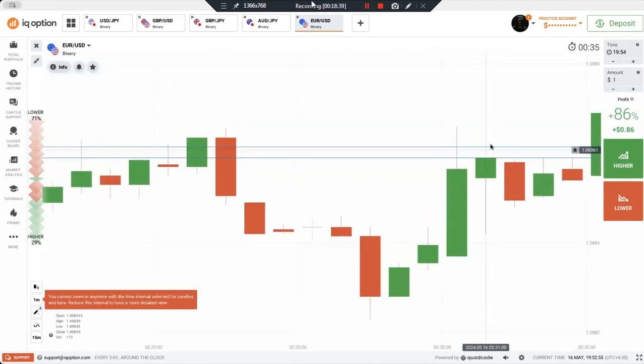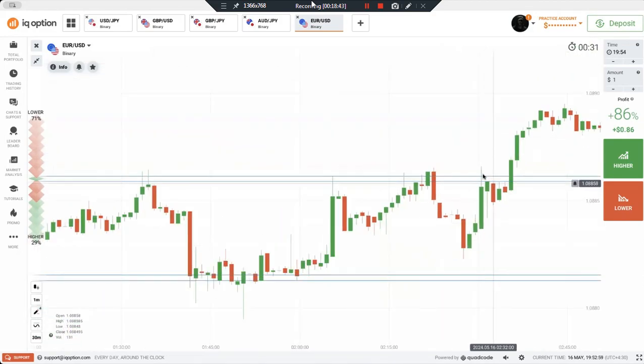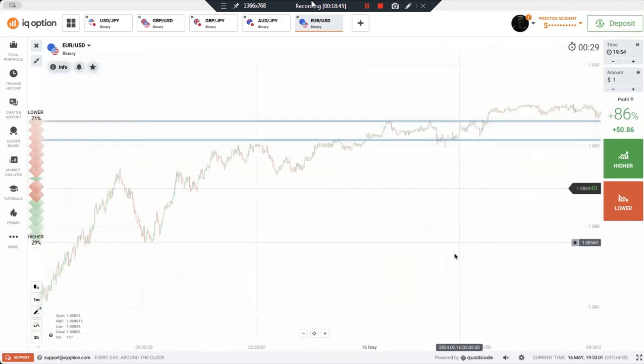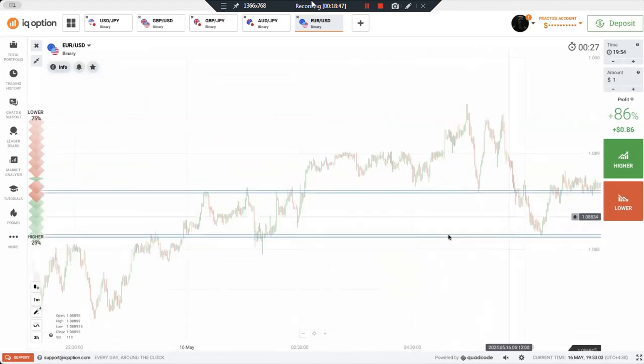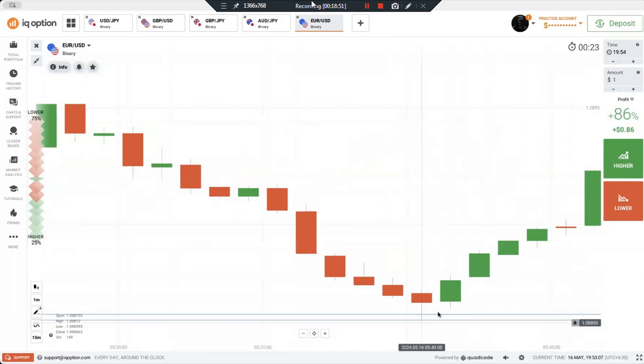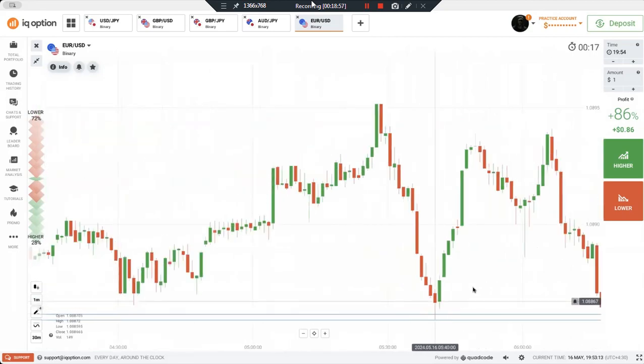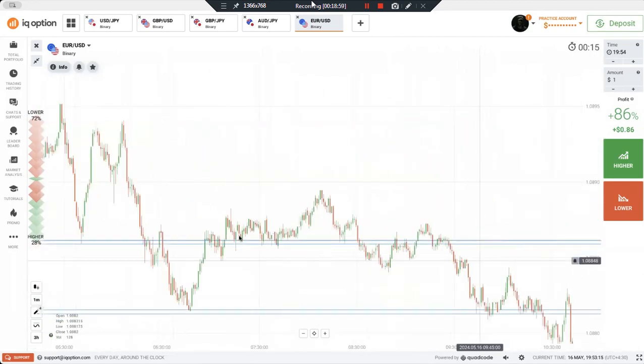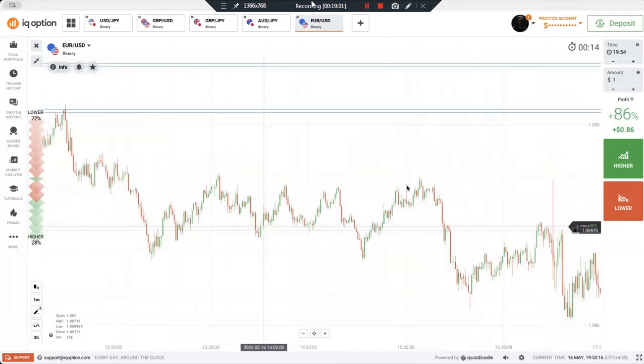Now you can place your trade here easily because it is at the level and the market will reverse. So as I said, whenever you see a rejection like this and the market didn't close at the level, it is risky to trade. But let me show you one more condition.